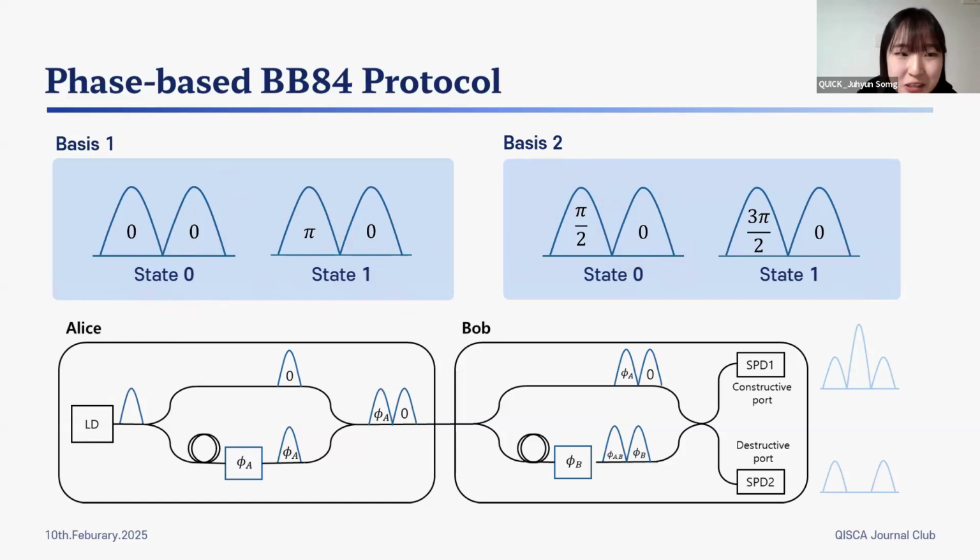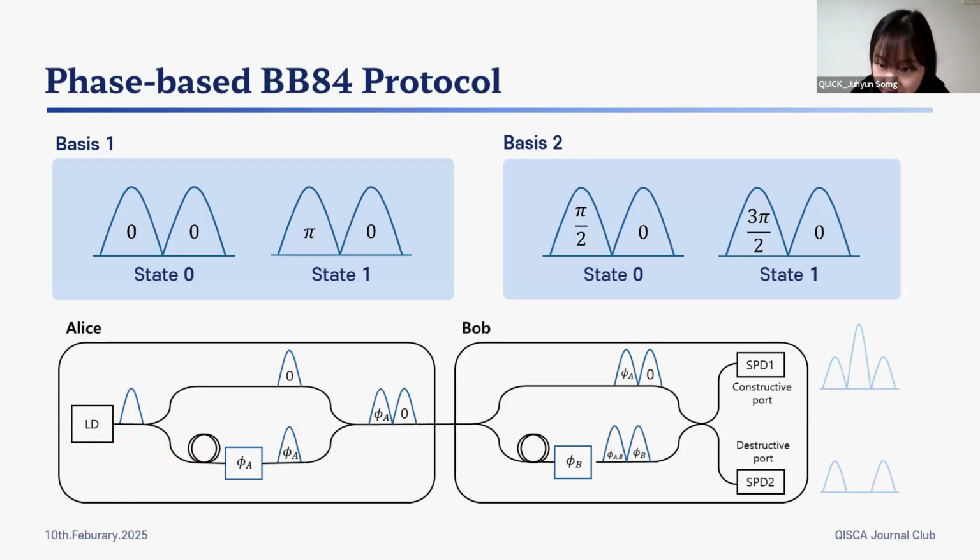Here we encode information by modulating the delayed pulse, which is separated from the beam splitter over here. Since the separated pulses originate from the same initial pulse, they retain the same phase reference.